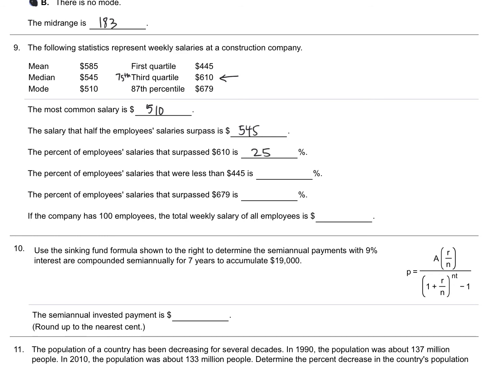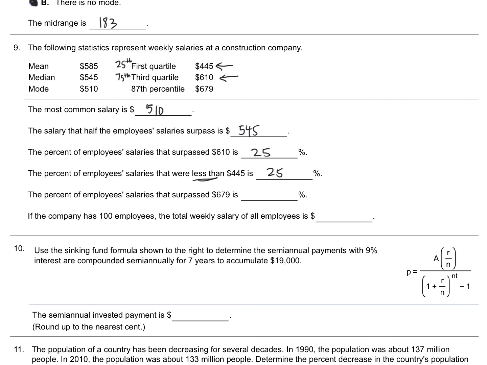All right, the next one. The percent of employees' salaries that were less than $445. So here's 445. That's the first quartile. The first quartile is the 25th percentile. This means that 25% of the employees make less than this, and 75% of the employees make more than that. So it wants to know the percent of employees' salaries that were less than $445. That would be 25.